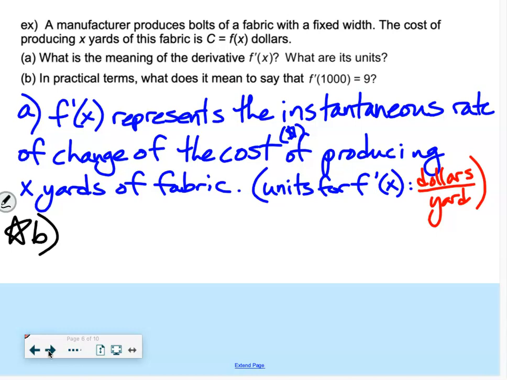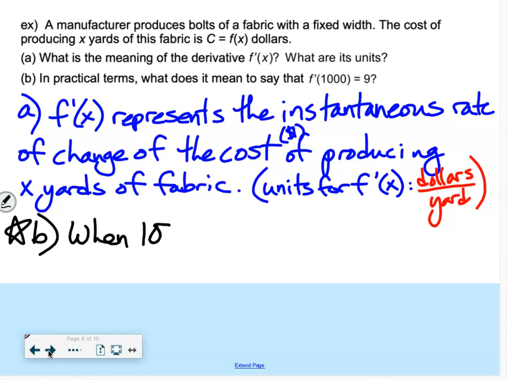Our input in this problem is x, right? And x represents yards. How many yards have we got in this problem? Is it 1,000 or is it 9? It's 1,000. It's your input. It's what you're plugging into your function, right? So here's how you write this.